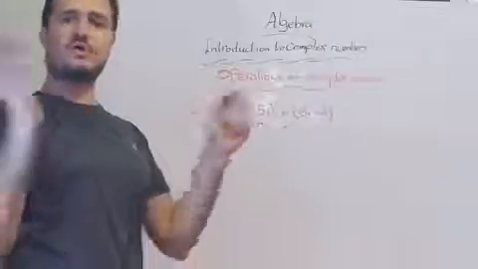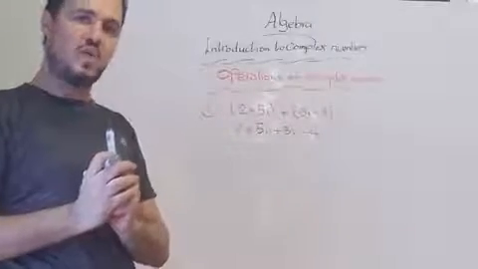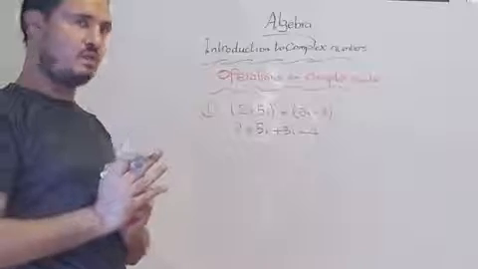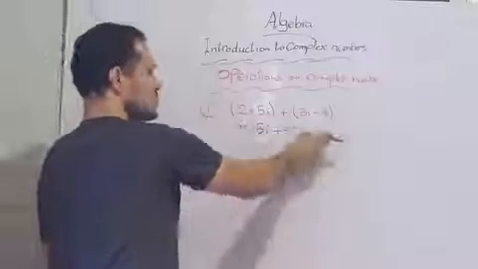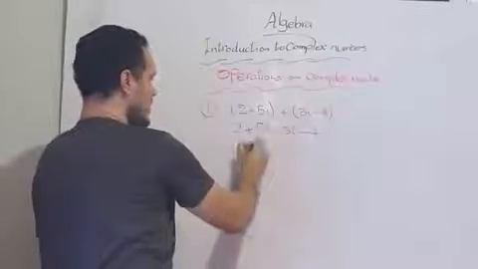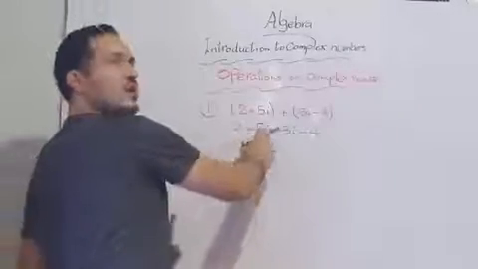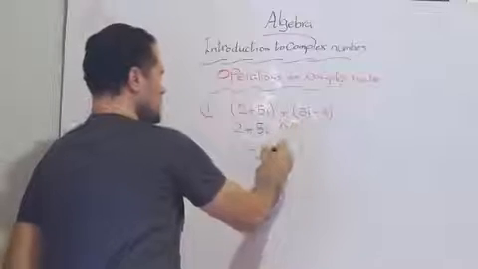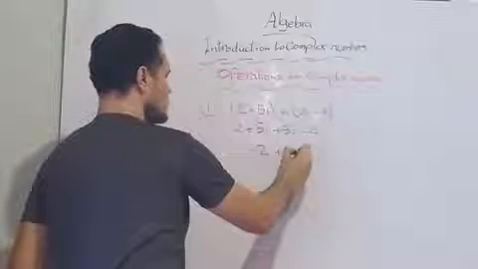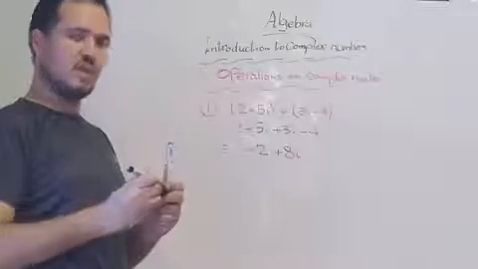Let's join the real parts together and the imaginary parts together. 2 minus 4 equals negative 2. 5i plus 3i equals 8i. So the final result will be negative 2 plus 8i.